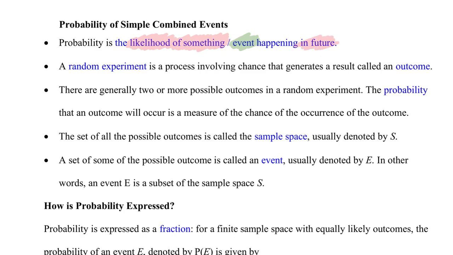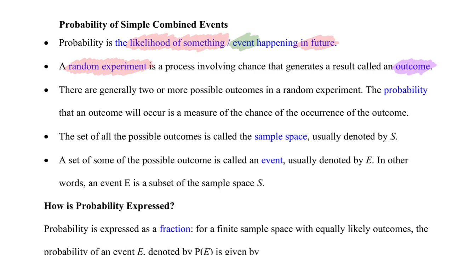All right, and a random experiment is a process that involves the chance of generating an outcome. So these are some of the keywords used here. Outcomes.